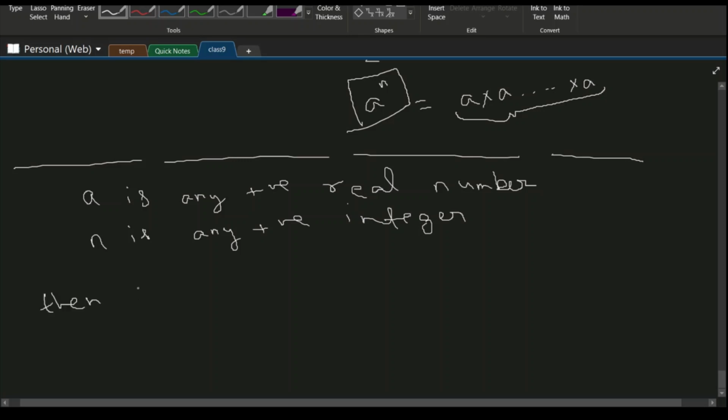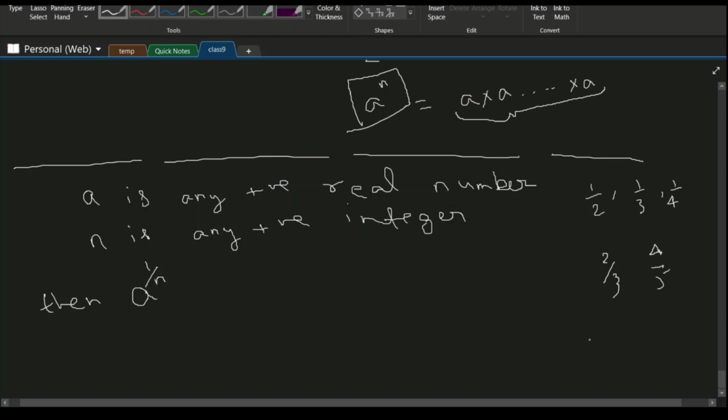Then a to the power 1 by n, right? So n is a positive integer, so 1 by n will be a rational number. So 1 by n can be what? 1 by n can be like 1 by 2, 1 by 3, 1 by 4. So let's look at these type of rational numbers first, where the numerator is 1 and the denominator can be any positive integer. Those kinds of powers, let's look at them first, and then we will see if the power is general, like 2 by 3 or 4 by 5, how do we interpret that?